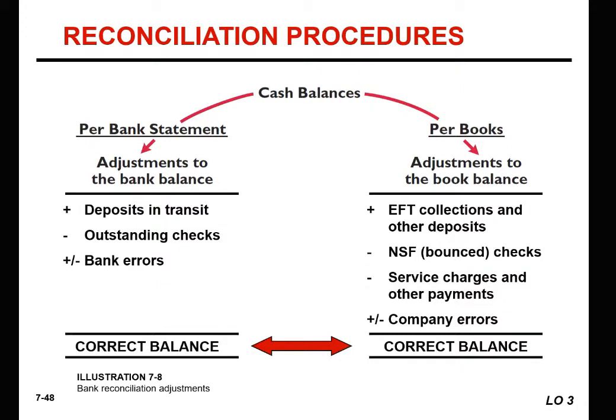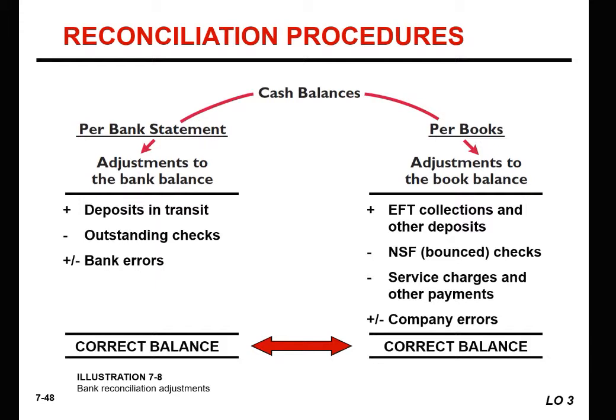In reconciling the bank account, it's customary to reconcile the balance per the books and the balance per the bank to their adjusted cash balances. To obtain maximum benefit from a bank reconciliation, the reconciliation should be prepared by an employee who has no other responsibilities related to the cash.